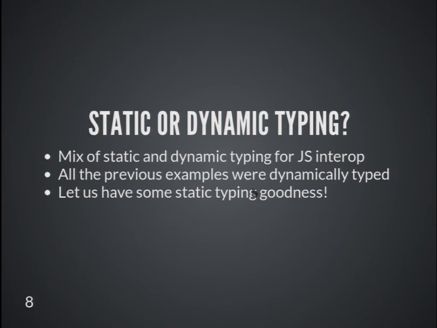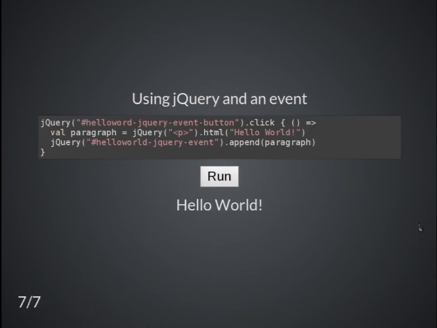So, a tiny little trick here. Scala is statically typed. JavaScript and its APIs are dynamically typed. So how does it work out? Well, it turns out all the examples I showed until now are dynamically typed. So when I write this, I have jQuery, I fetch it from the global scope, and I receive a JavaScript dynamic thing.